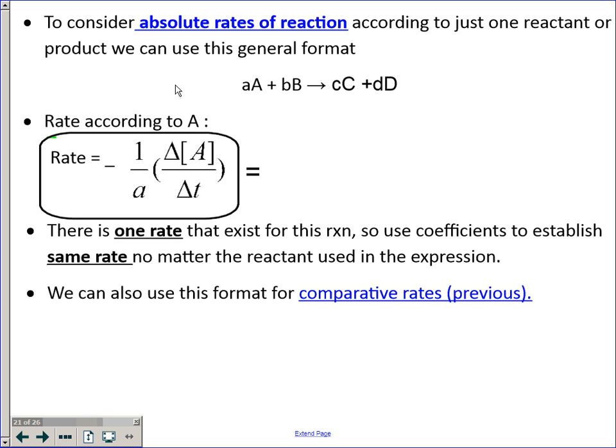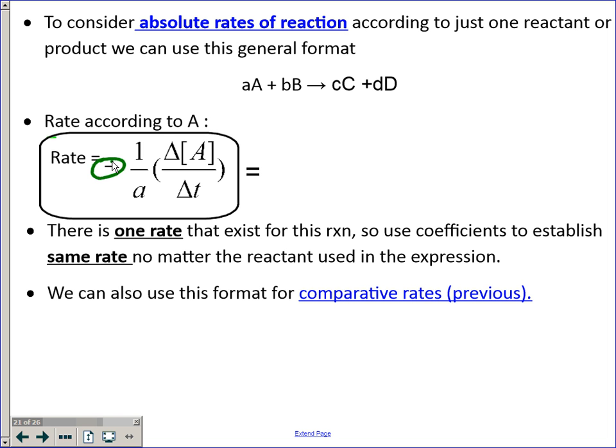So if we're finding absolute rates of reaction, we always can quantify that per reactant and per product. You just have to change the way you write it. So if I said the rate according to A is negative, why is it negative here? Because it's a reactant, so we adjust the rate by putting a negative in the front because it'll make it an overall positive rate, because we always express rates as positives. And then we do 1 over a.